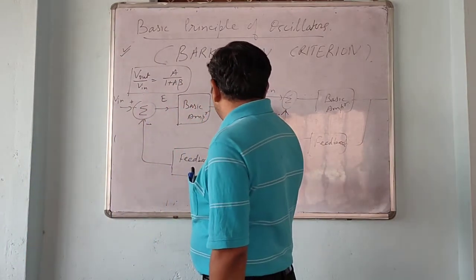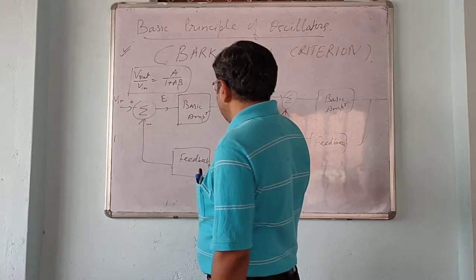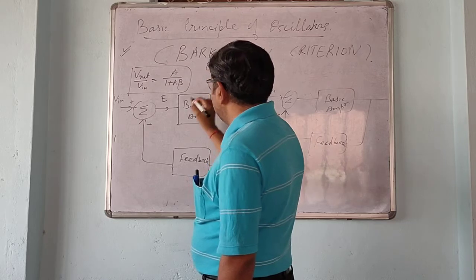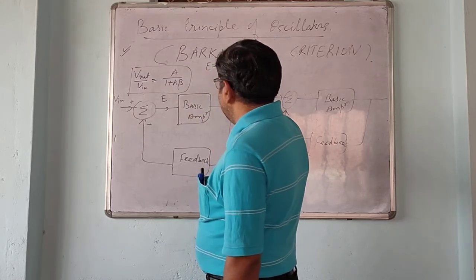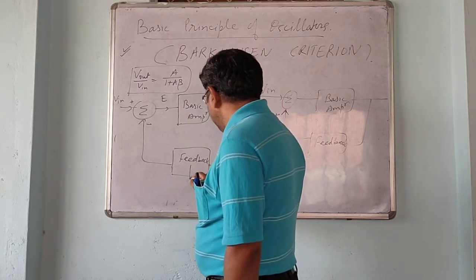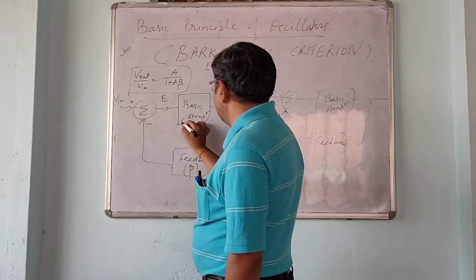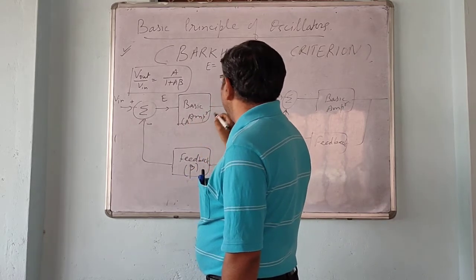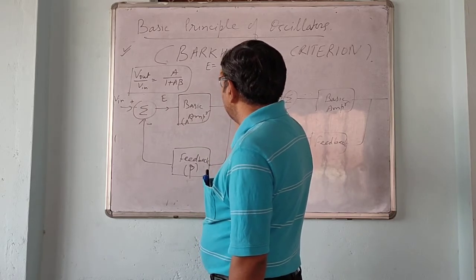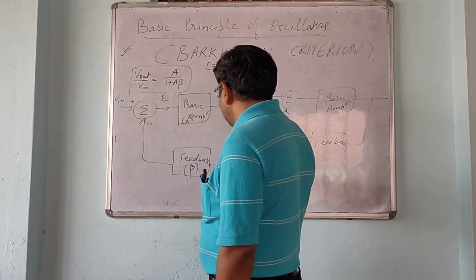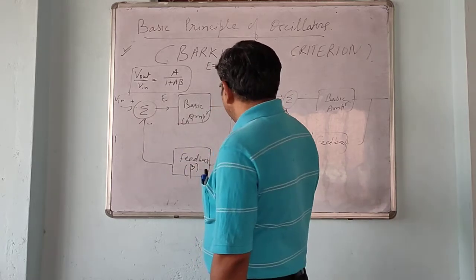Actually, this is the output. Then you can say error signal is nothing but, suppose we are using feedback factor beta and basic amplifier gain is A, then error signal can be written as input minus feedback signal.